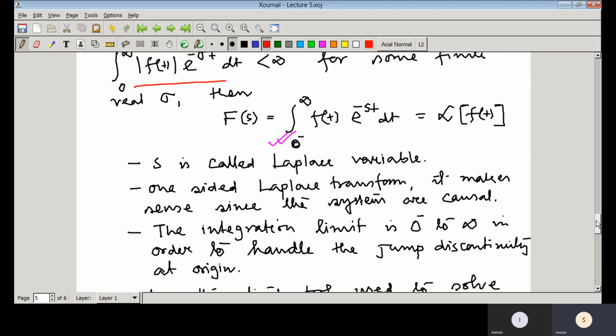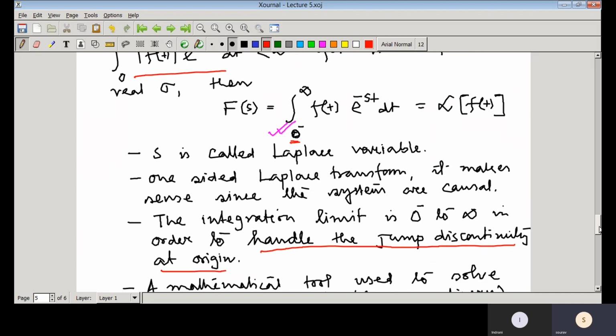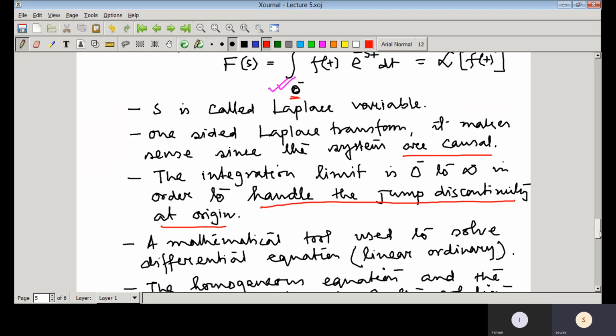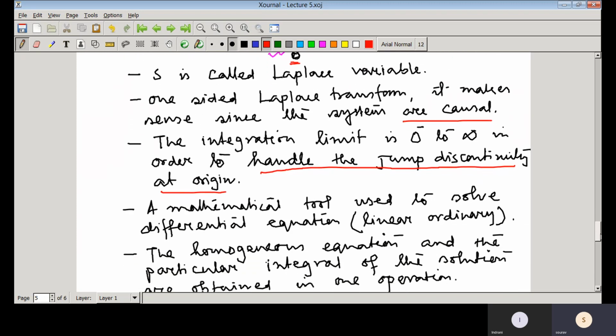We have taken a one-sided Laplace transform, with 0 minus to handle the jump discontinuity at the origin. And we have seen that this one-sided integral also makes sense as the physical systems that we will be considering are causal.